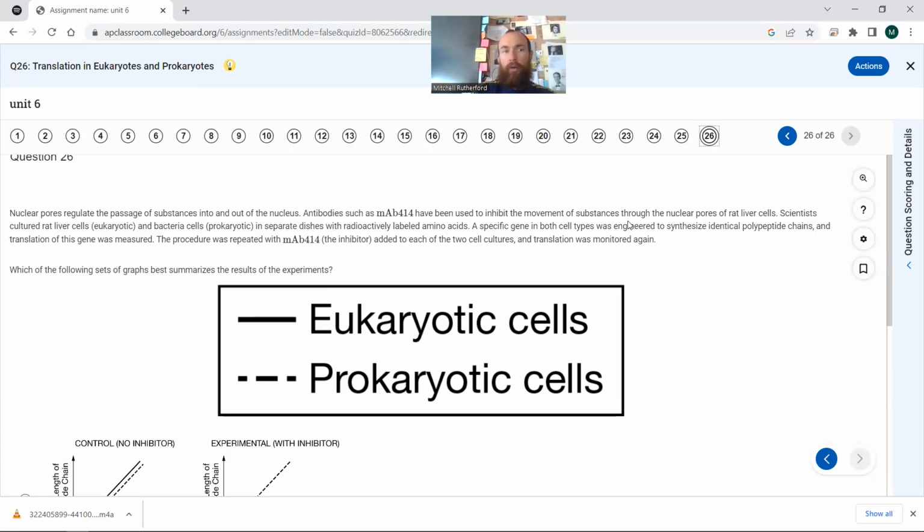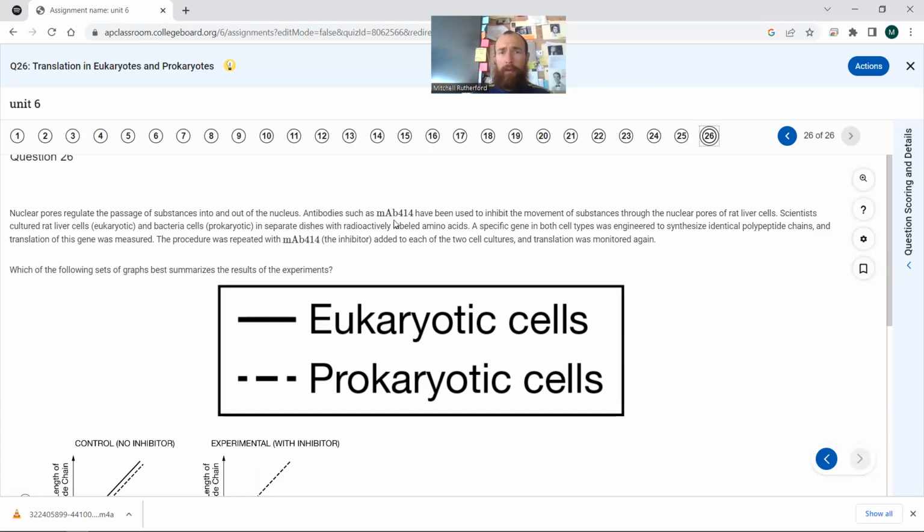Okay, so the procedure is repeated with the inhibitor. What I'm writing down here is inhibitor, the MAB inhibits. I'm going to draw an arrow right there because what that means is no substances get into the nucleus.